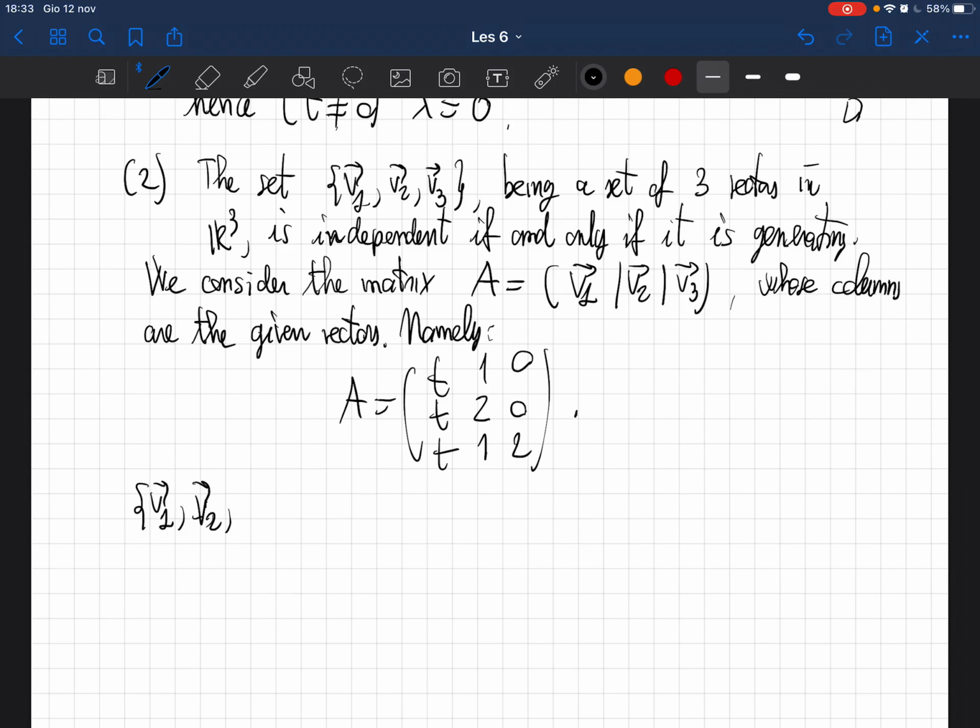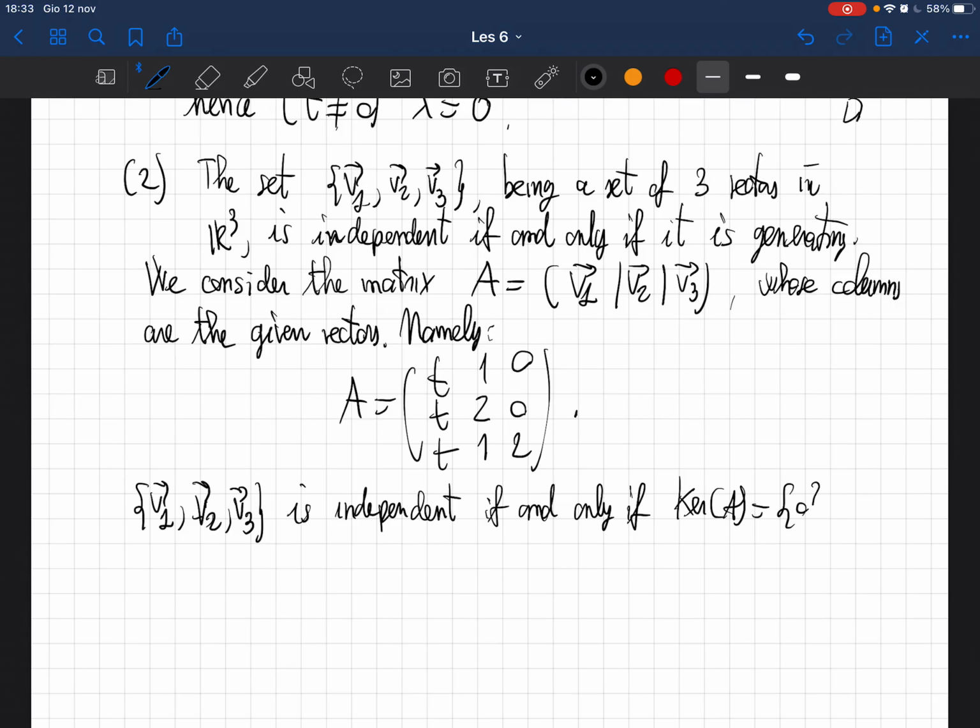I'm just being a little bit redundant here. Is independent as a set, or the vectors are independent, if and only if the kernel of A is just the 0 vector.